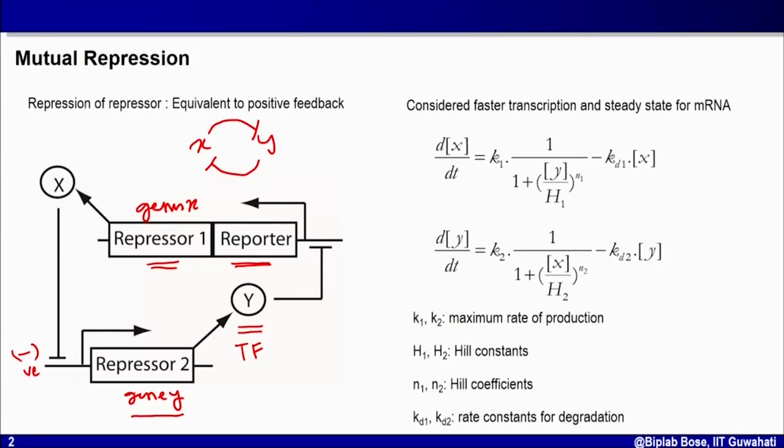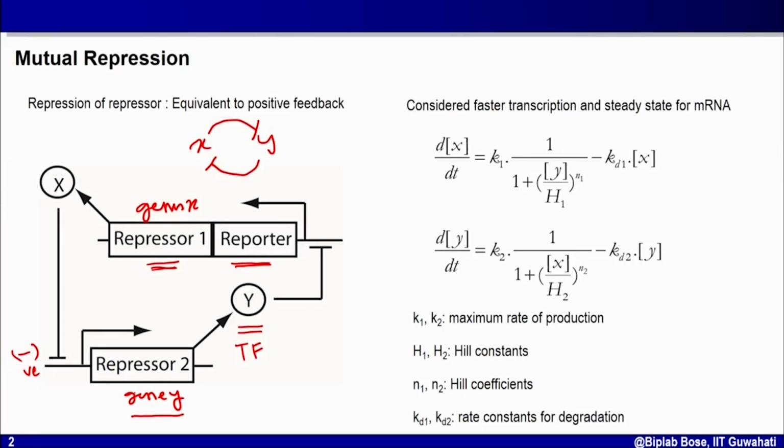So the small network that I have drawn here has been actually tried in E. coli, and those people who created this synthetic network in E. coli, they had a reporter fused with protein X or gene X, so that X is expressed as a GFP tag protein, so that they can track how much X is produced by imaging or flow cytometry.